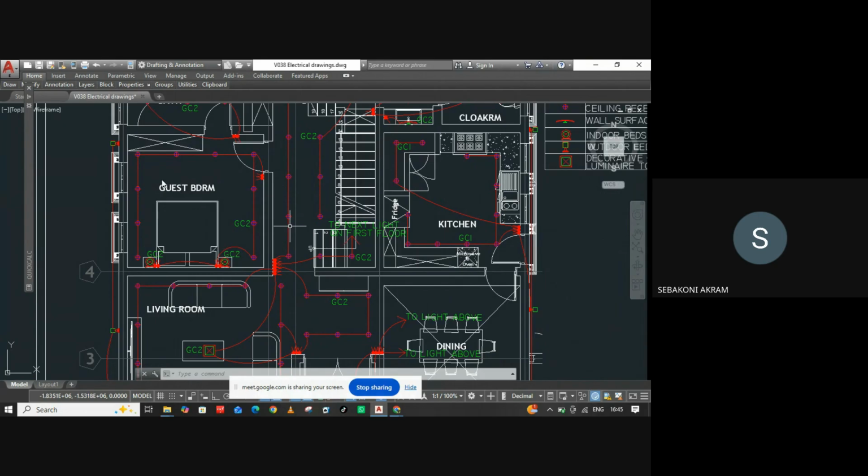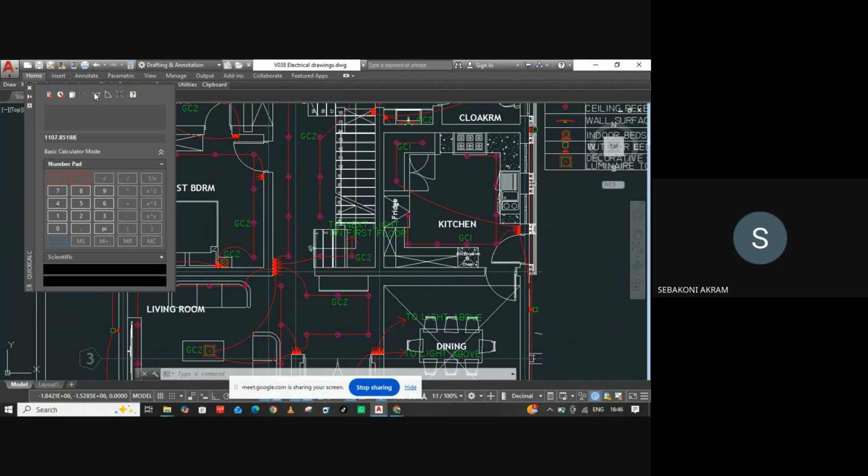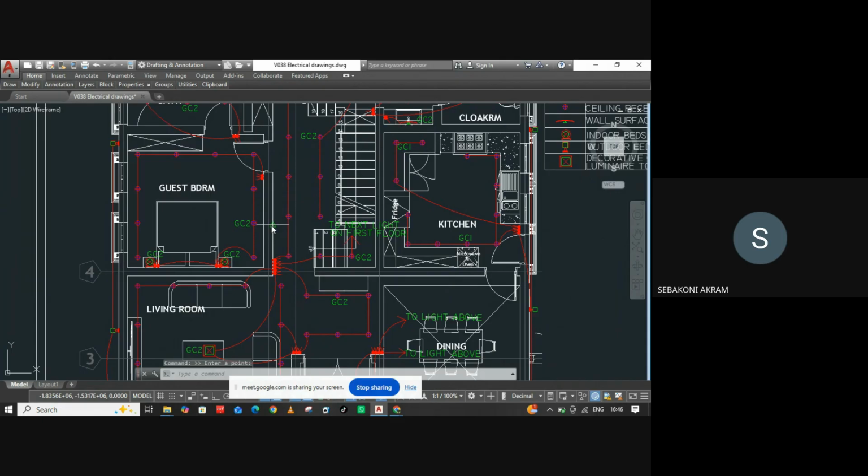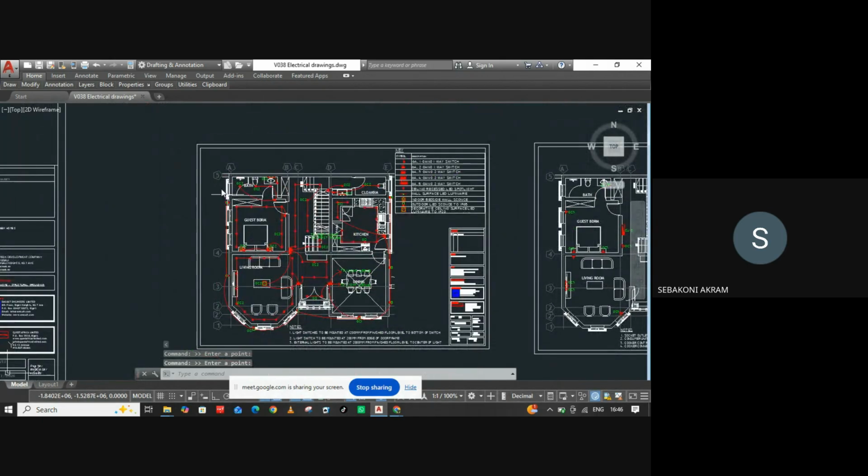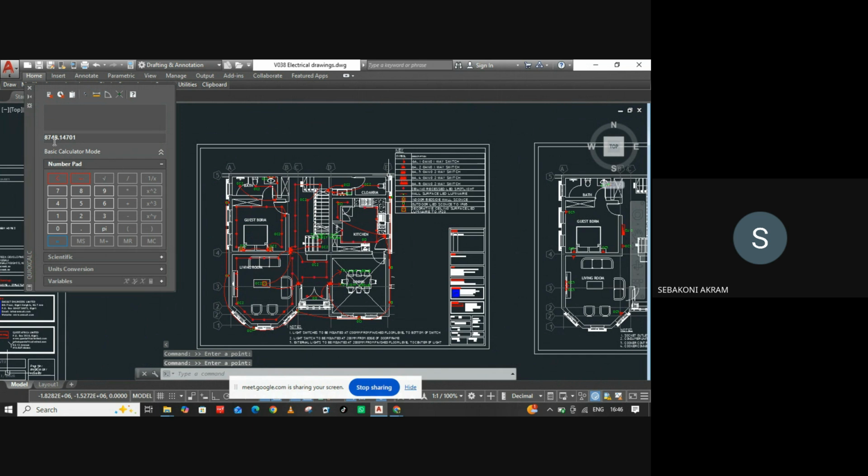You measure those distances from point to point, from this point here, midway, to the extreme ends of the house. Let me say that point. Those are about 8 meters. So you can consider 10.